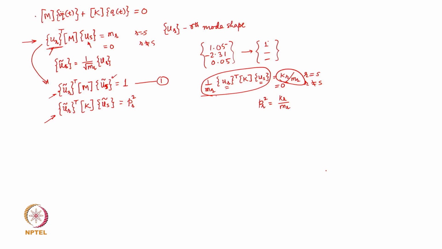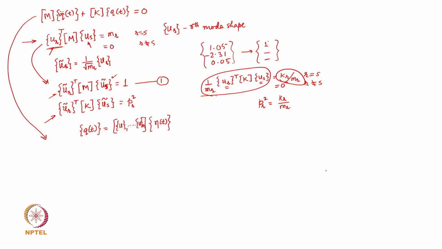Now coming back to this equation, what is our modal transformation that we defined? This was equal to the individual modal vectors, okay, u1 up to un, multiplied by the principal coordinates eta t.